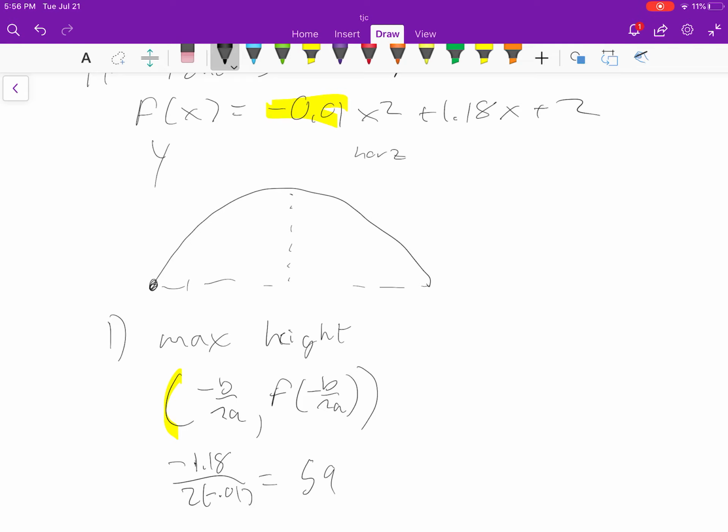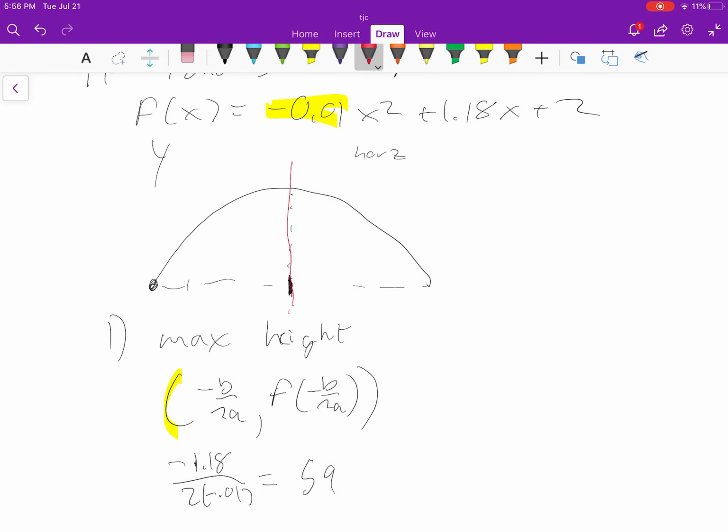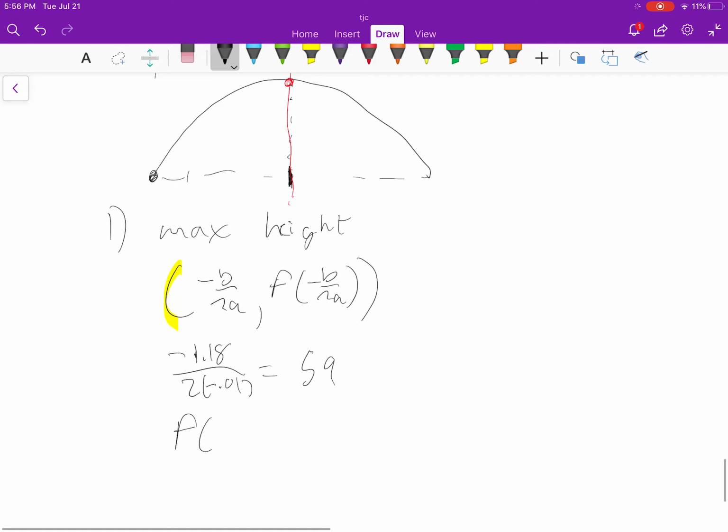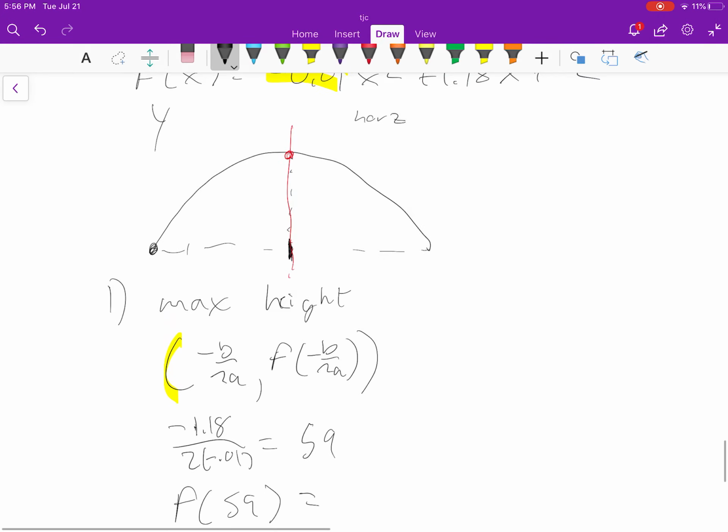Now this tells us the horizontal distance. It tells us this coordinate of the vertex, but it wants to know what the height is here. So to figure out the height, we have to plug in f of 59 into the equation.